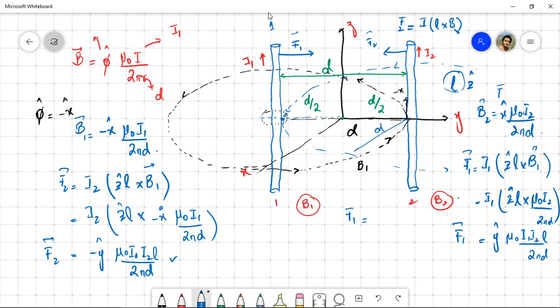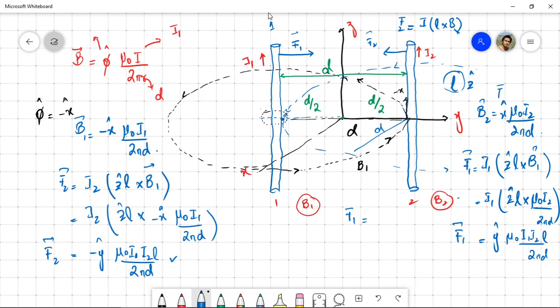So if the direction of current in the two conductors is the same, the force will be attraction, and if the direction in both conductors is opposite, the force due to the interaction of their magnetic fields with each other is going to be repulsive. So yeah, there is that.